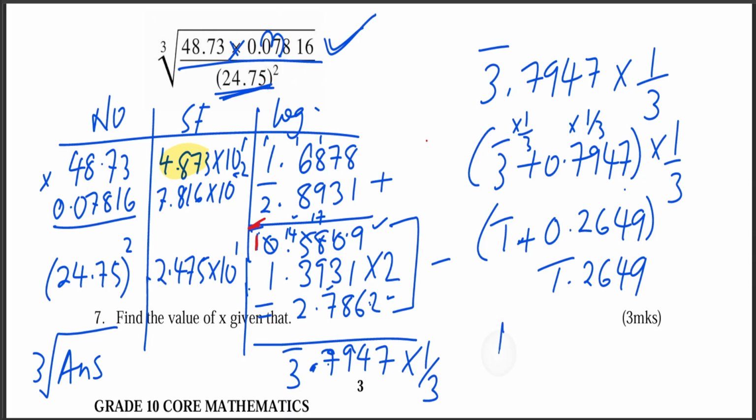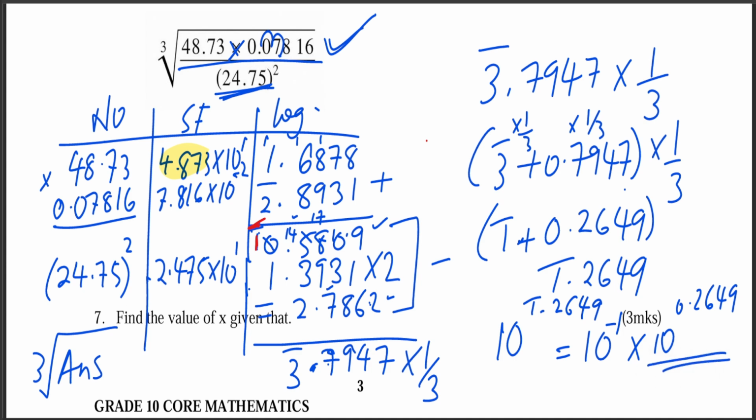So in short, you do the antilog of bar 1.2649, which is just the same as writing 10 power minus 1 times 10 power 0.2649. Obviously we know what 10 power negative 1 is, but the antilog of 0.2649 we do not know.